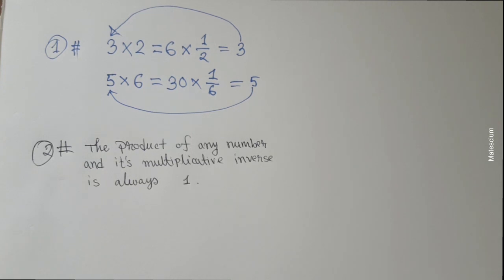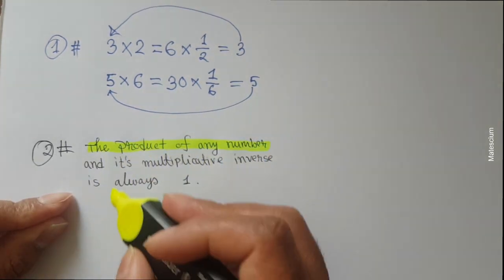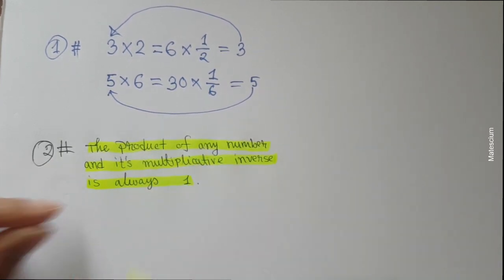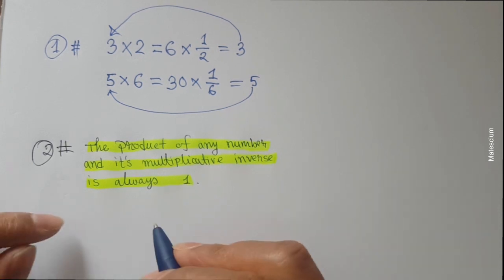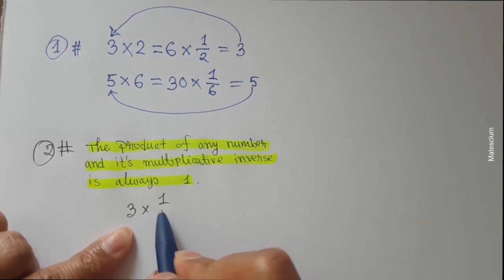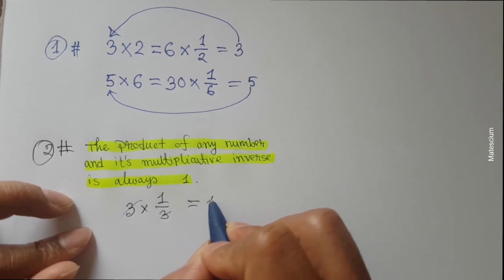Here is the second step of our calculation. The product of any number and its multiplicative inverse is always 1. What does it mean? Let's say the number is 3. The multiplicative inverse of 3 is 1 over 3. So the 3 is eliminated, and the remaining is 1.